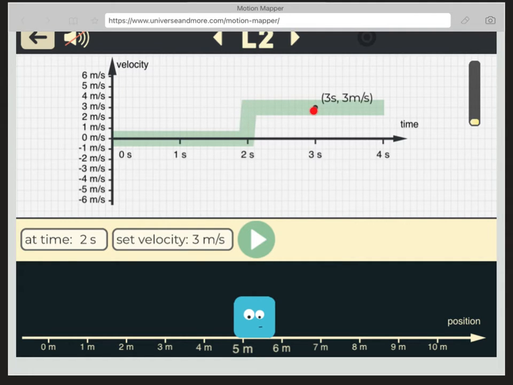So if I move 3 meters per second for 1 second, that's 3 meters. If I move 3 meters per second for another second, that's going to be added together to be 6 in the positive direction. Positive is always to the right. So if I left my person right here, it would run into a wall because it can't just move on forever. So I need to move it back far enough that it has 6 meters worth to run.